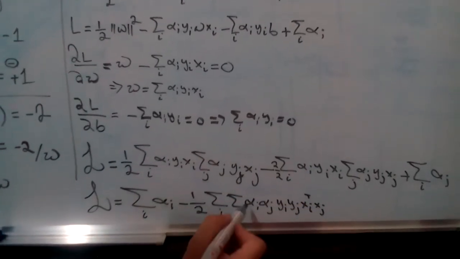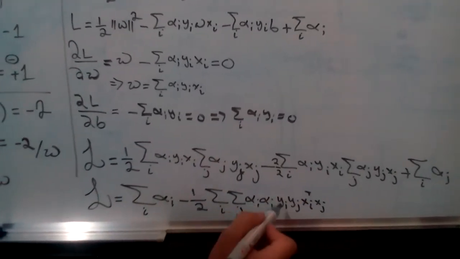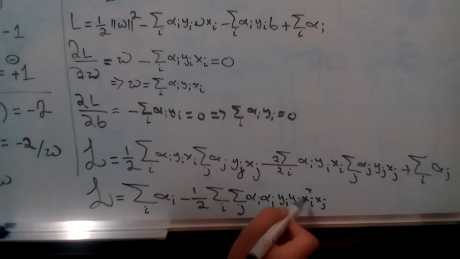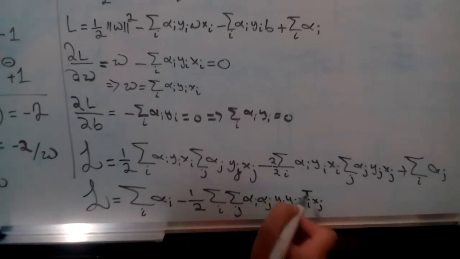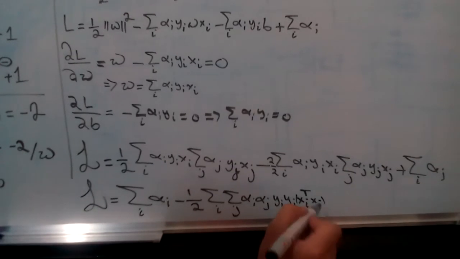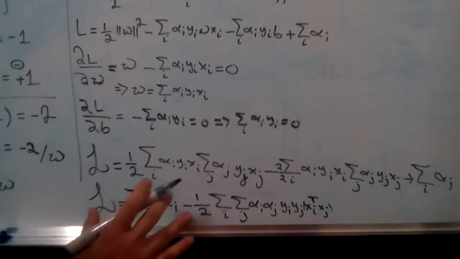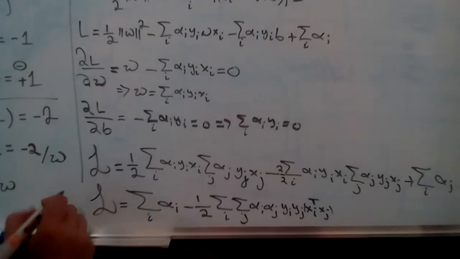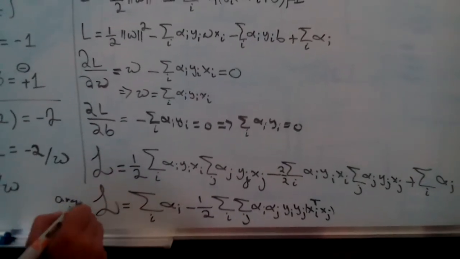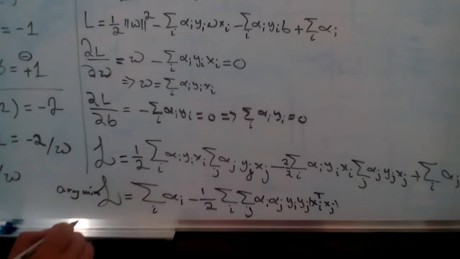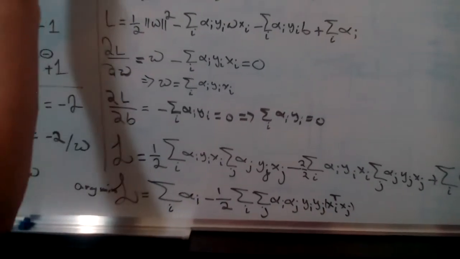Note here that alpha is a single value, y is a single value, but x is a vector. That's why we find that this is a dot product of two vectors. So this becomes our final objective function we are trying to minimize to find the maximum distance separating the two classes.